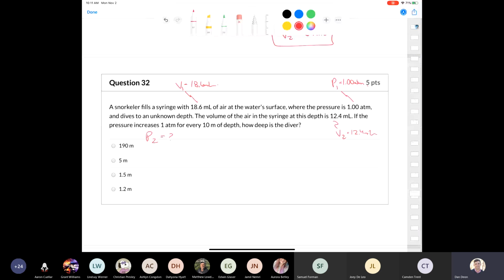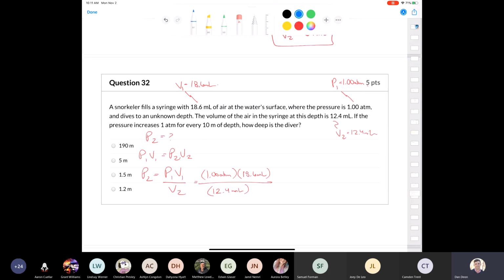We're going to solve for P2. So we have P1V1 equals P2 times V2, and P2 is equal to P1V1 over V2. Our initial pressure is 1.00 atmospheres, our initial volume is 18.6 milliliters, and our final volume is 12.4 milliliters.